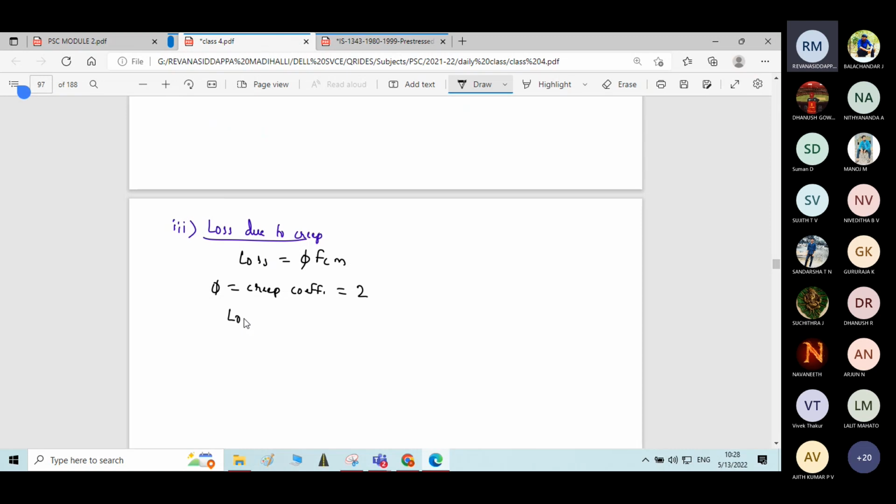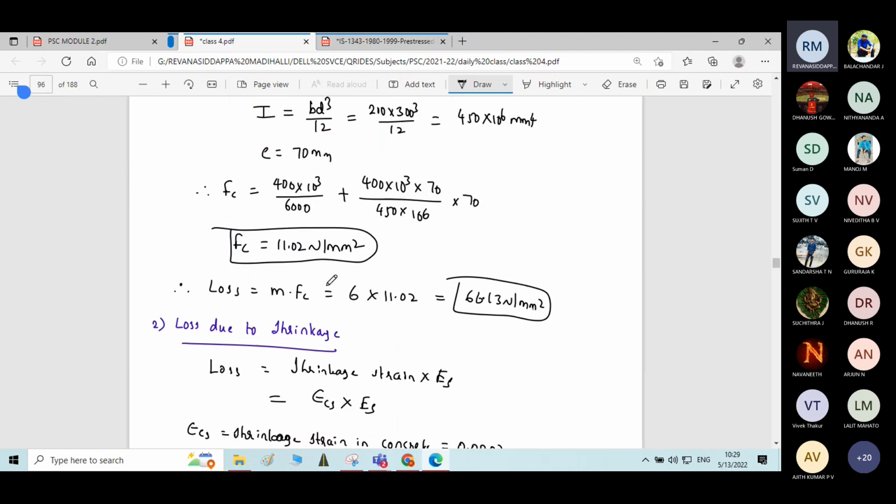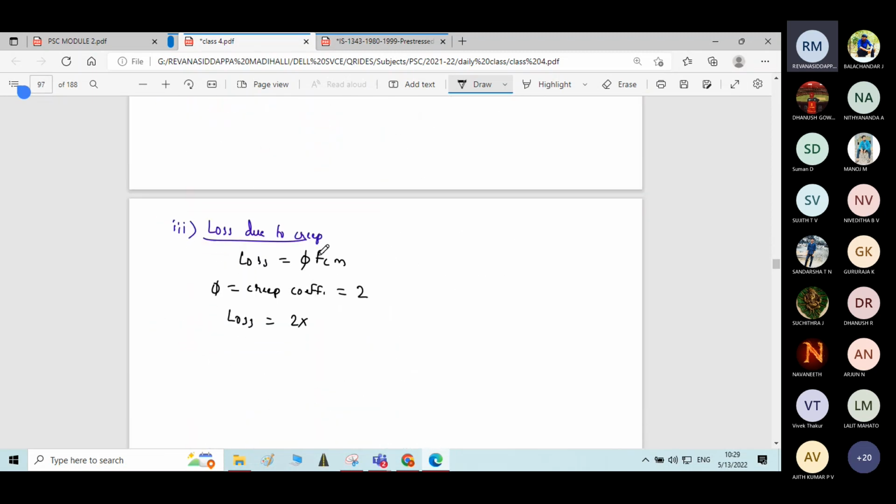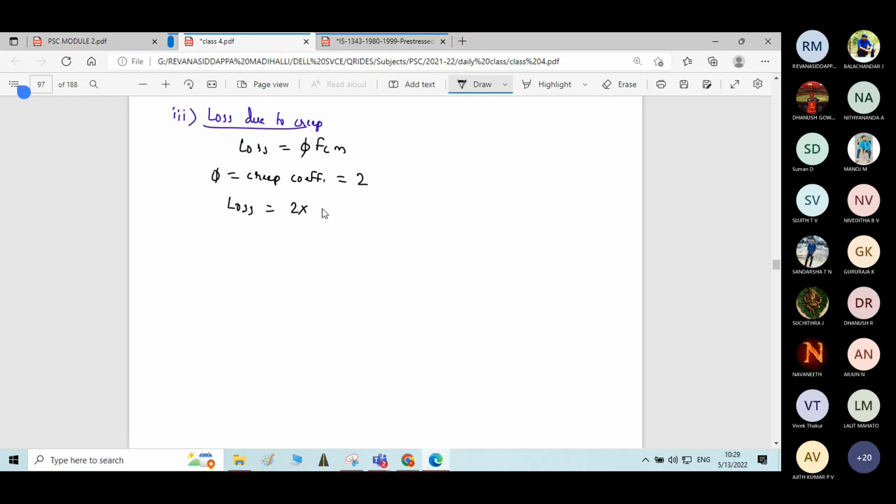Loss is equal to phi 2, FC just before we calculated as 11.02, and M is 6. 11.02 into 6, therefore loss is equal to 132.24 Newton per mm square.